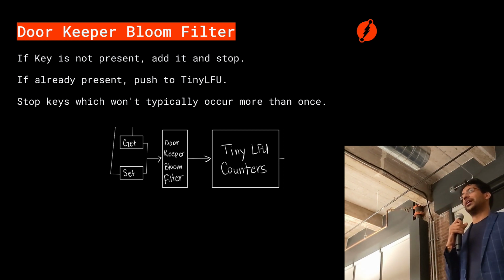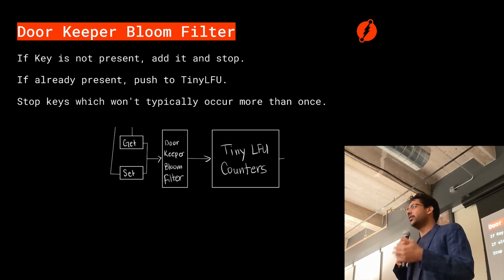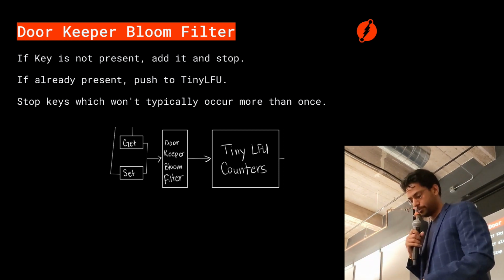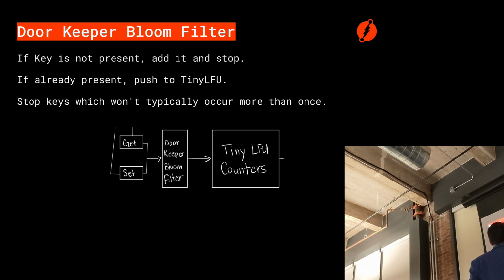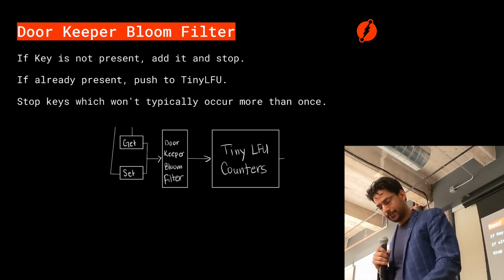So if the key only shows up exactly once in the entire lifetime, that key would never reach tiny LFU. And you can see over here, you have getters and setters, the keys are going to the doorkeeper bloom filter, and then if they pass through this, only then they will go to tiny LFU. So you deal with a lot of long tails.